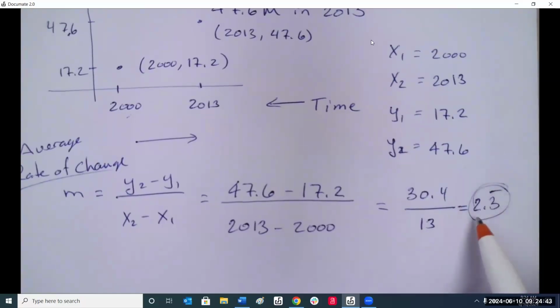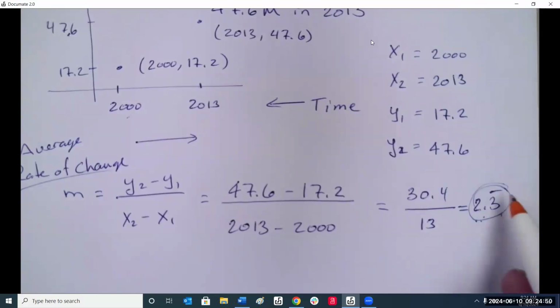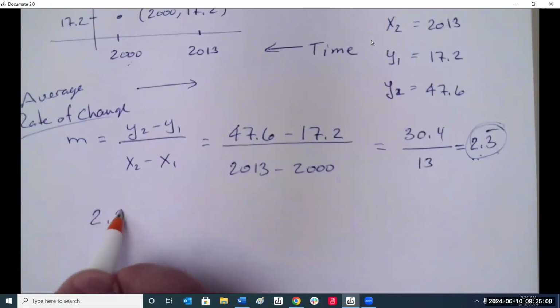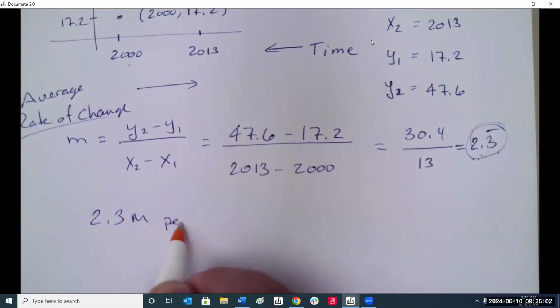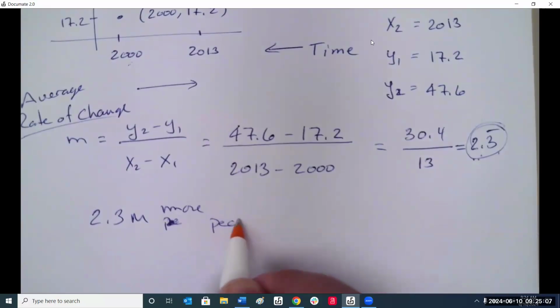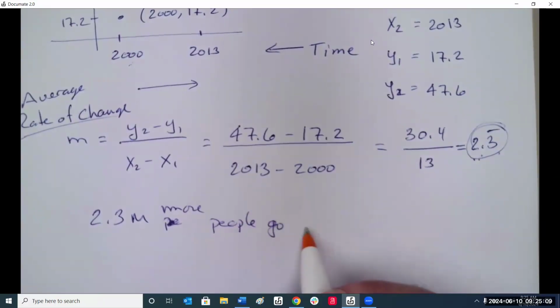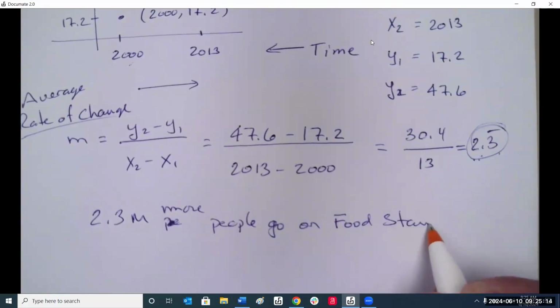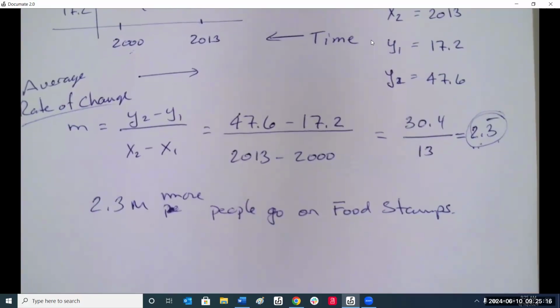What it tells us is each year there's an increase of 2.3 million people getting on food stamps. Because we had 13 years on the bottom, we look at per year. So 2.3 million more people go on food stamps each year. That's what it tells us.